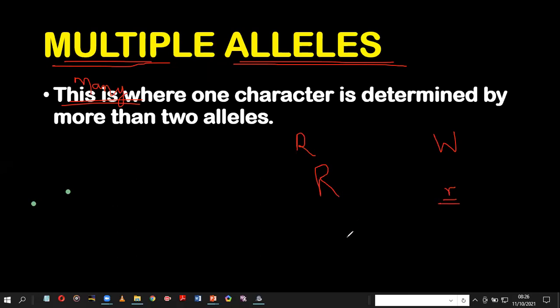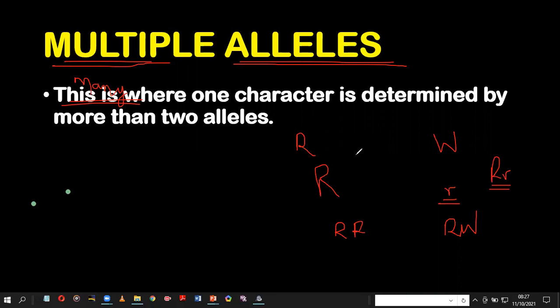So it was always a pair. And for you to get a single gene, then you'd have a pair. But now in this case, we have other traits, other characteristics that may deviate from this. You have more than 2 alleles that are determining a given trait.